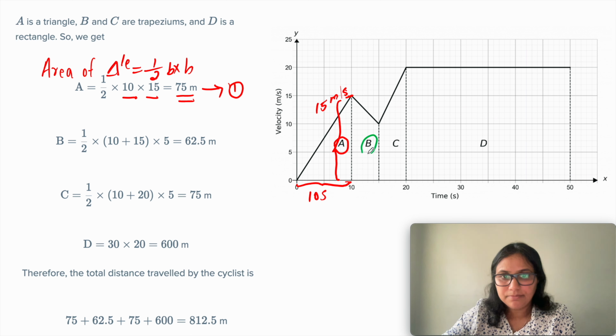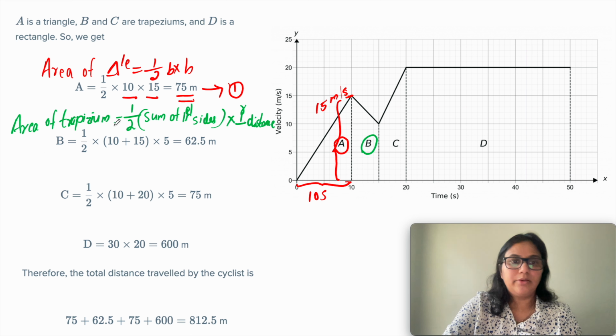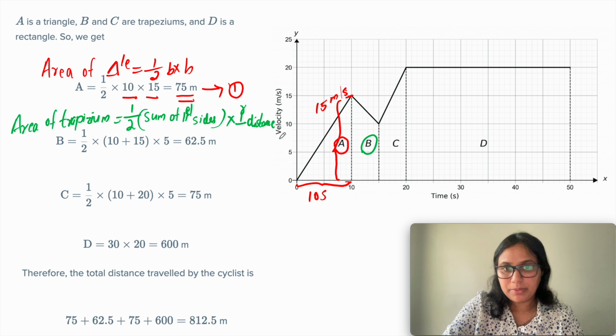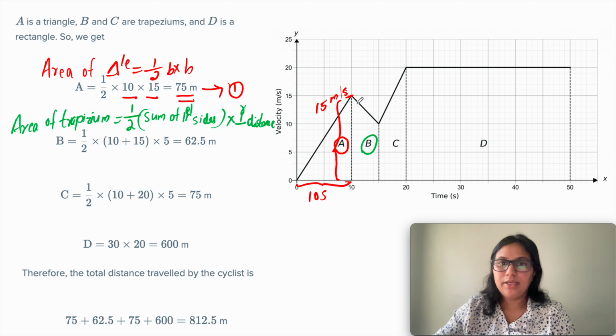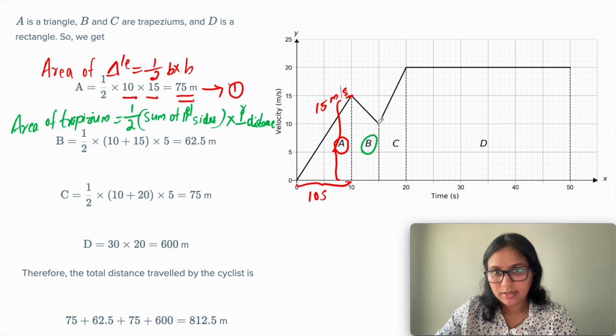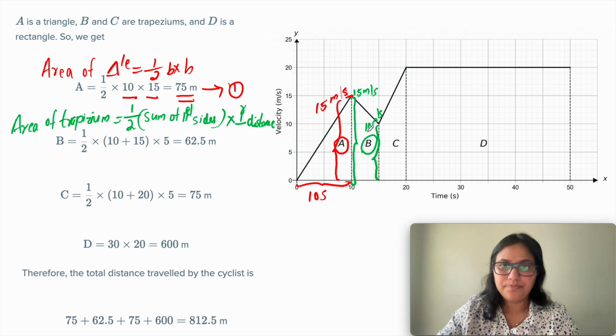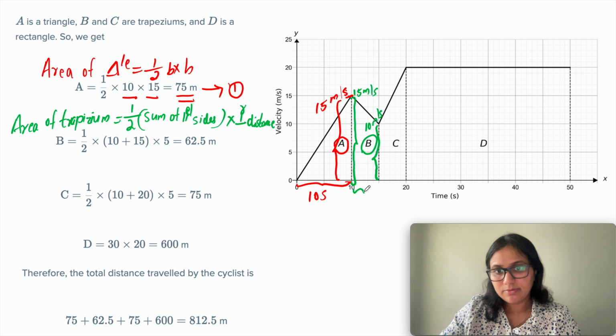For section B, area of trapezium can be calculated using the formula half into sum of parallel sides into perpendicular distance. So here the sum of parallel sides for section B is, this is one side and this is another side. So this height, that is this one, 15 meter per second, and this 10 meter per second. And into perpendicular distance, perpendicular to these parallel lines gives this value.